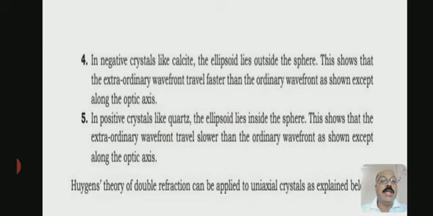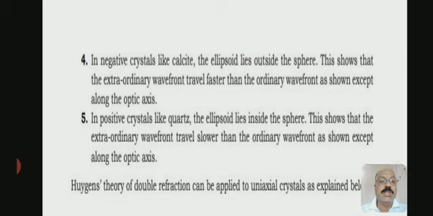In a negative crystal like calcite, the ellipsoid lies outside the sphere, as shown in this figure. This shows that the extraordinary wavefront travels faster than the ordinary wavefront, except along the optic axis. In positive crystals like quartz, the ellipsoid lies inside the sphere.